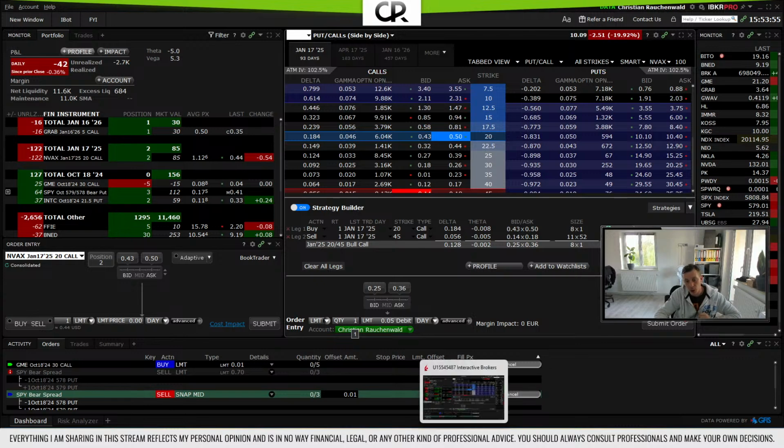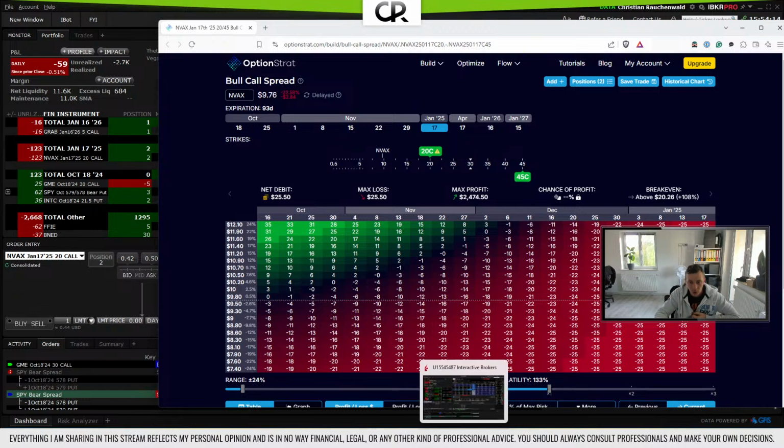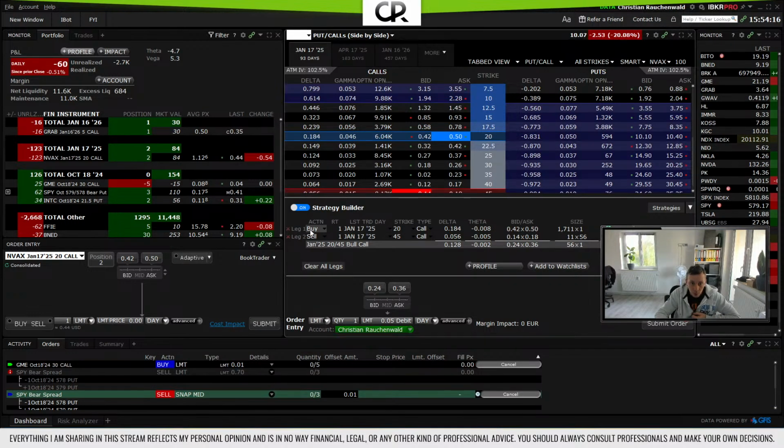Then we could make the trade relatively big. Here we are lagging, as I'm not paying for the options subscription right now, and here it says the option costs $25.50. So again, buying the $20 call for January and selling the $45 call.